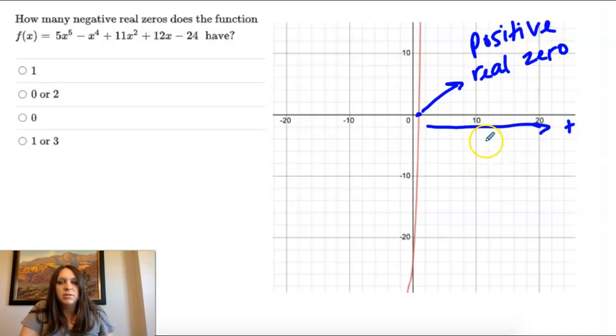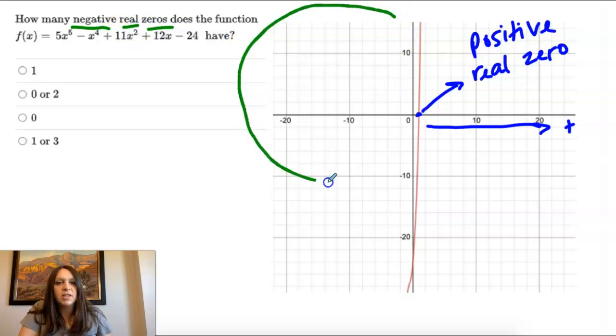So this is a positive real zero. A negative real zero is what it's asking for. How many negative real zeros? That would be anything crossing the x-axis on the negative side. And we don't have anything crossing over there, right?